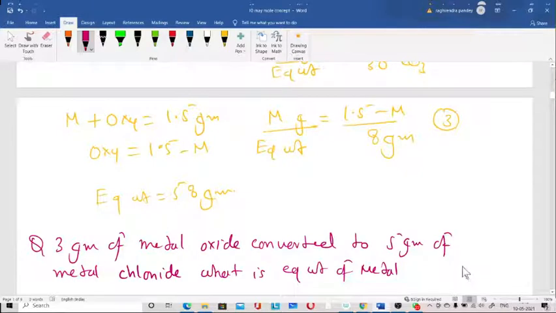Sir, is it 25 grams? 25 point. No, sir, only 25. I think 25 is correct.